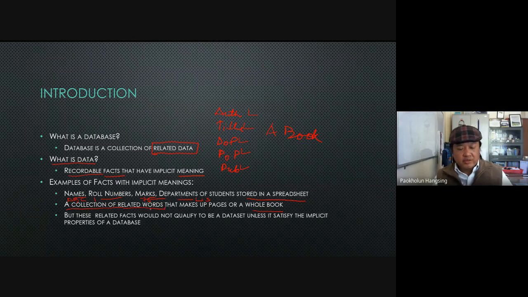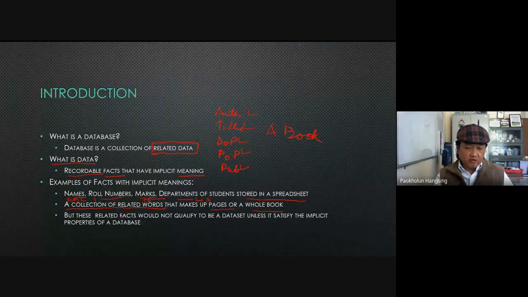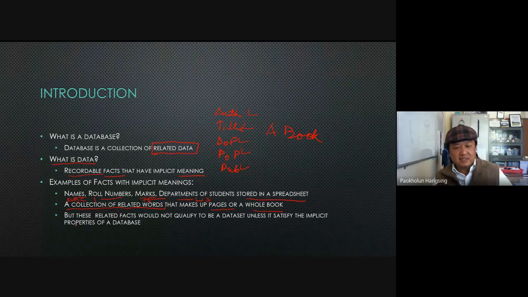There are so many words, but those words are not randomly thrown together, and then we cannot call it a book. These words are arranged in such a way that they make up a page, or the pages of a whole book, and those have some kind of relationship. Based on the relation between the words, the way they are arranged is able to inform us about the story, inform us about facts, inform us about so many other things that a book can tell.